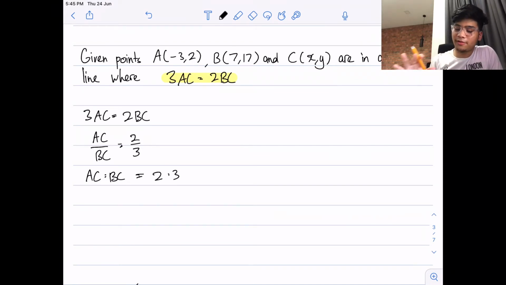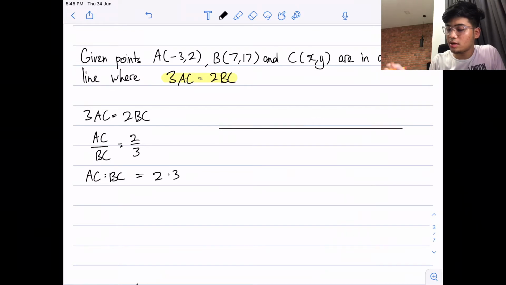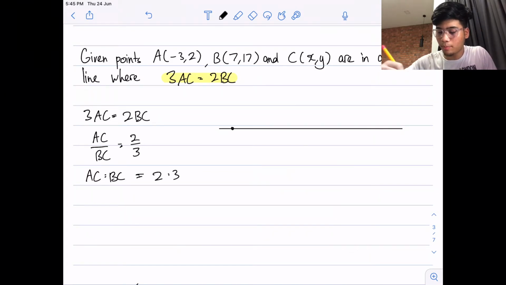After you've found the ratio, this is when you have to draw that straight line. Let's imagine this one point is A, the other end is B, and the point in the middle is C. I know that A to C is 2, whereas B to C is 3.